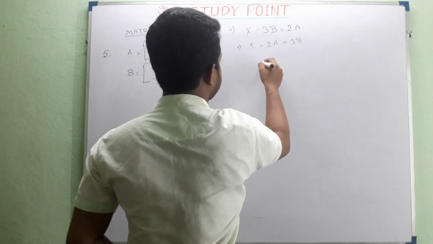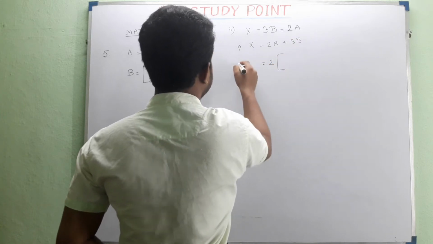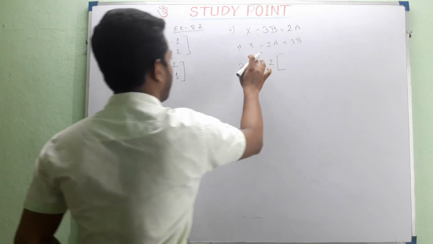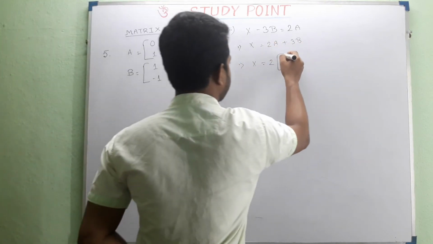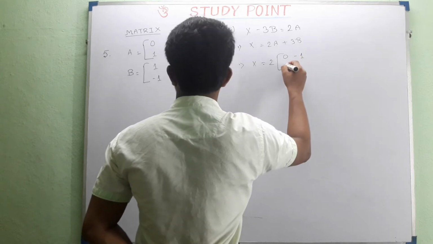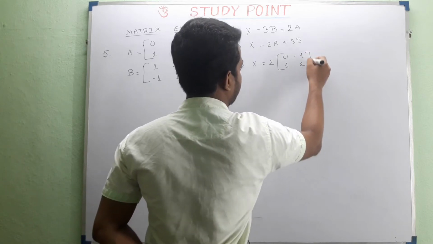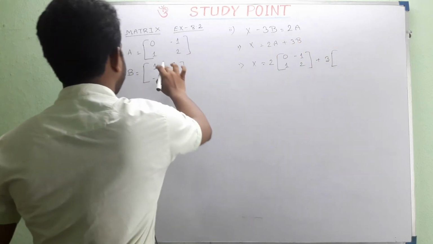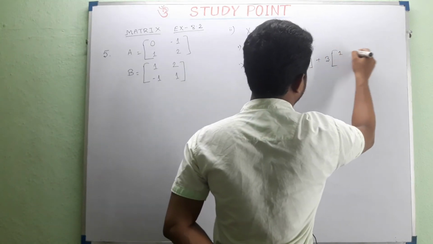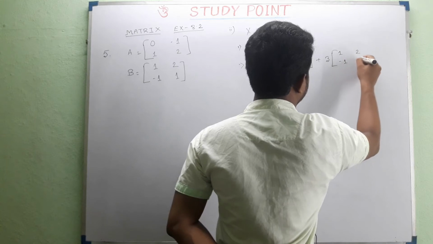By the same process, after arranging in this format, we just have to put the value of A matrix over here and B matrix 1, 2, minus 1, 1.